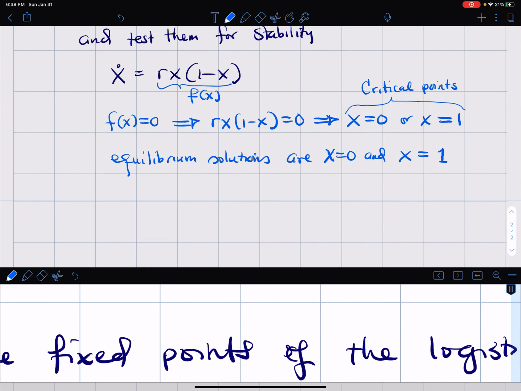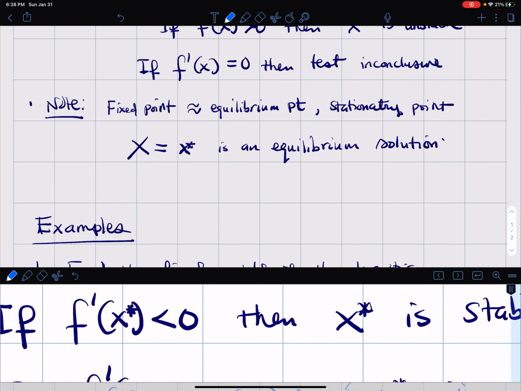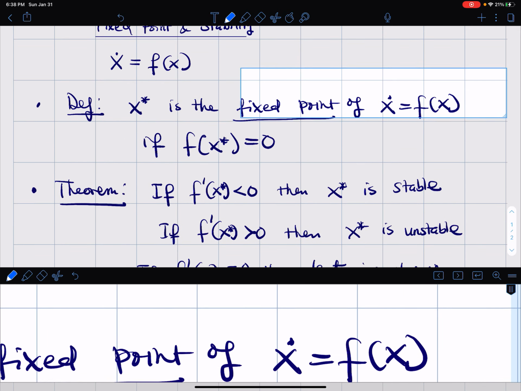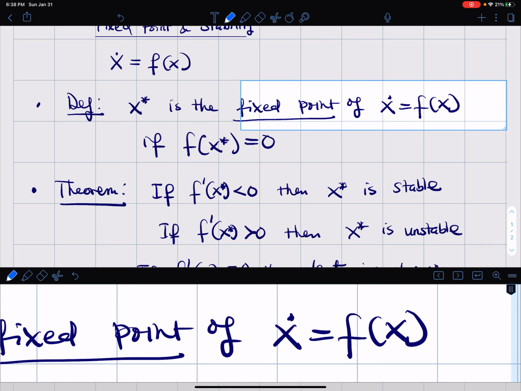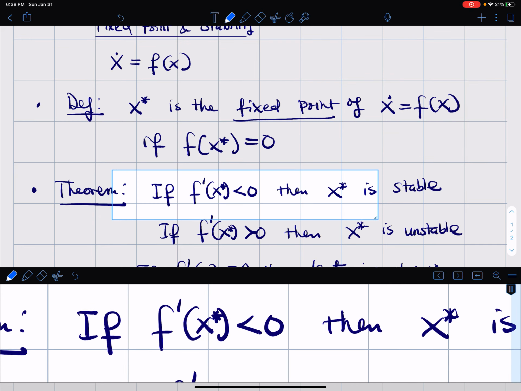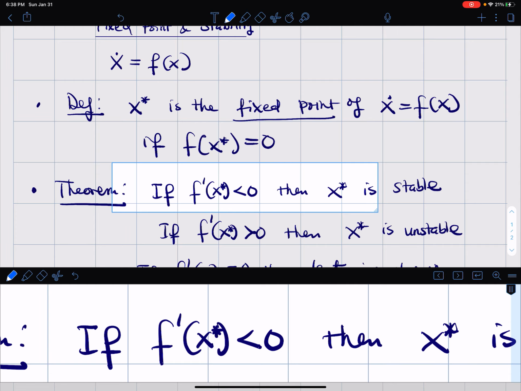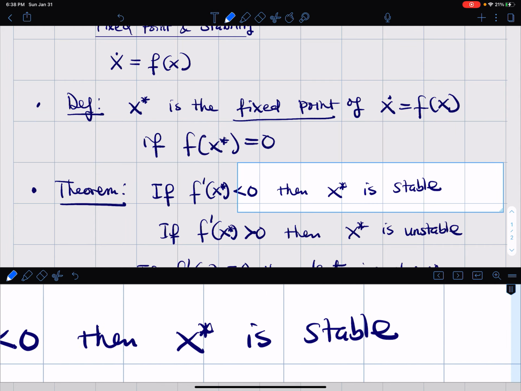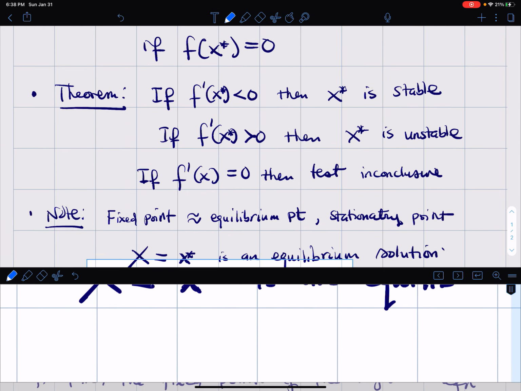Remember that we have the differential equation x dot = f(x), and if f prime of x star is less than 0, then x star is stable. If it's greater than 0, x star is unstable.